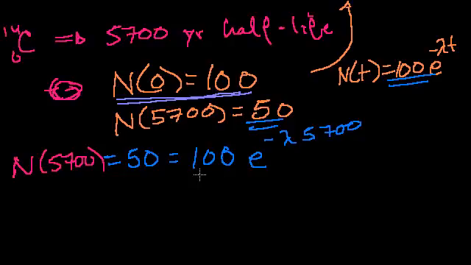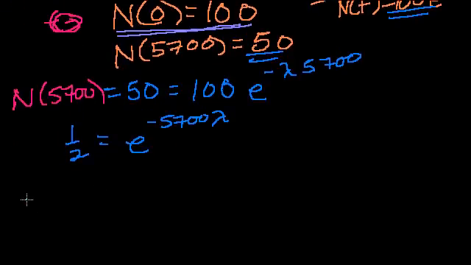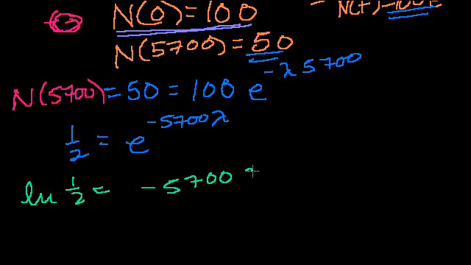So if you divide both sides of this by 100, what do we get? We get 0.5, 1 half, is equal to e to the minus 5,700 lambda. And we can take the natural log of both sides. So we get the natural log of 1 half is equal to, the natural log of this is just minus 5,700 lambda.